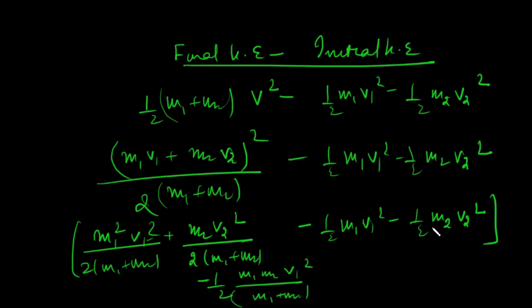And m2 square gets cancelled out again, so this will be minus half m1 m2 v2 square by m1 plus m2.